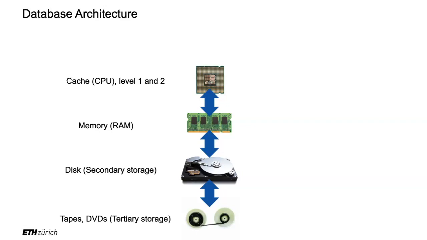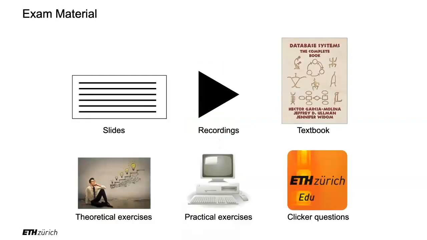Above is super expensive, below it's super cheap per byte. Above, it's super fast; below, it's super slow. Above, there's usually not so much data, but below, there's a lot of data, right? So there is this whole hierarchy of all the places where you can actually store bytes of data.